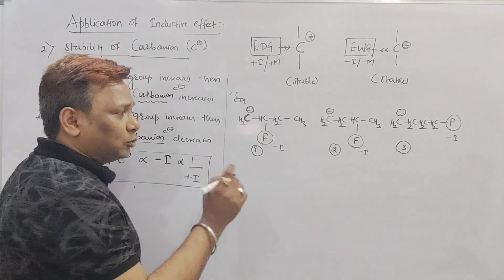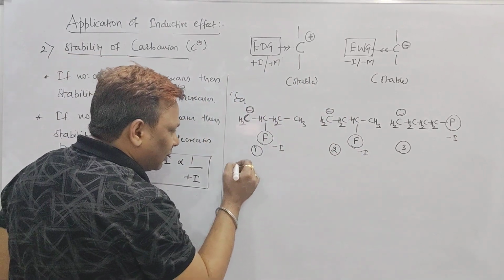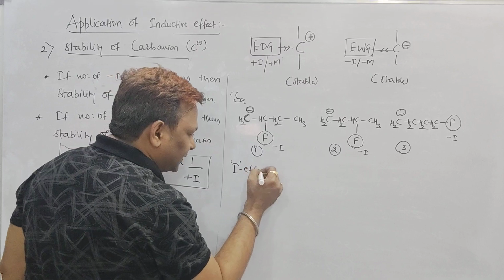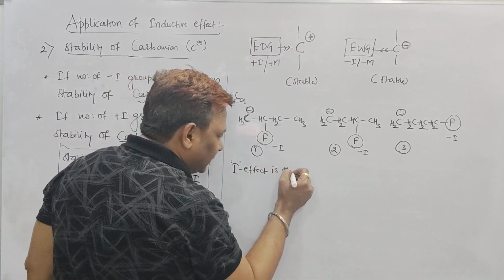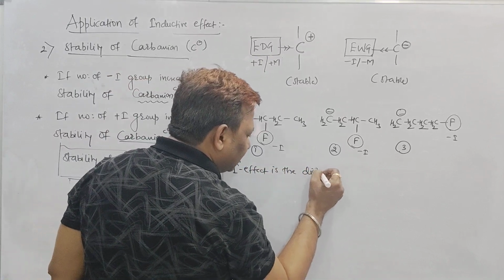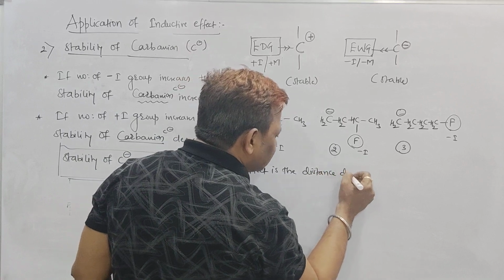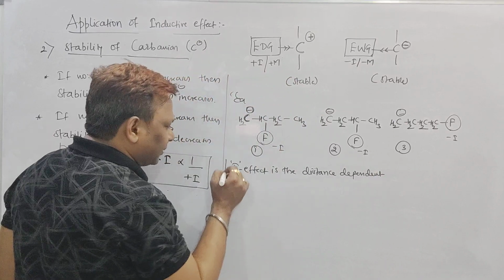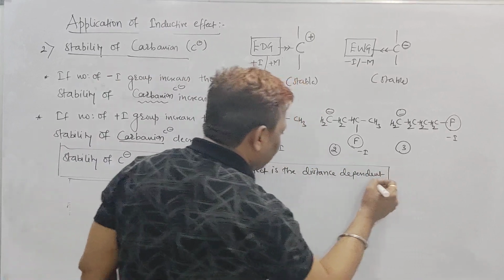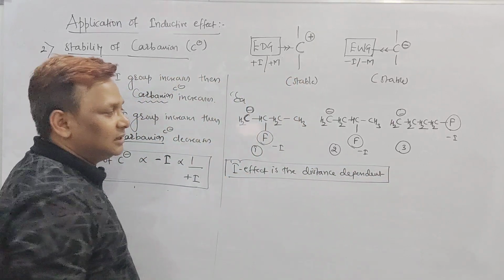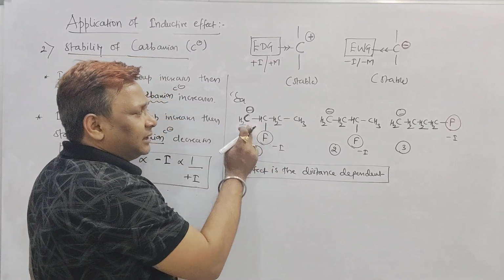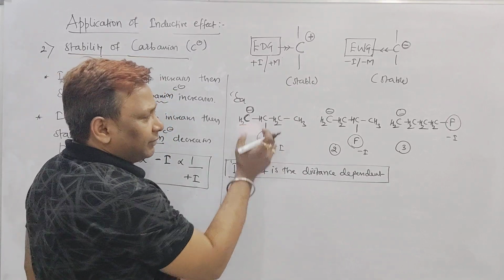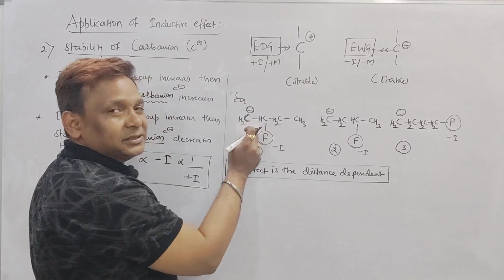But did you see, beta, I told you the inductive effect, the I effect, is distance dependent. It means when it is very near, the power will be more, and when it is far away, the power will be less. Fluorine is a minus I group very near to the C minus. It will withdraw electrons more, it will stabilize it more.